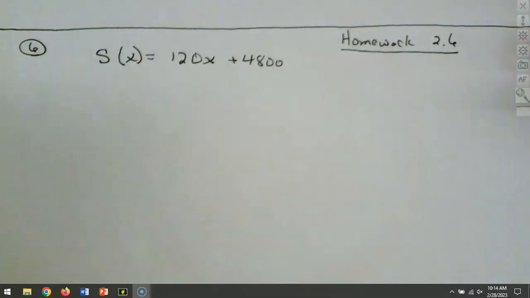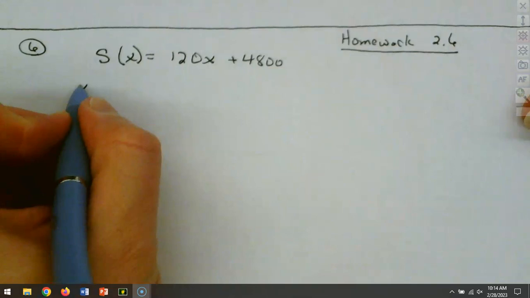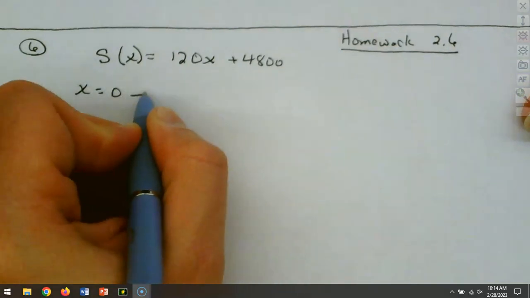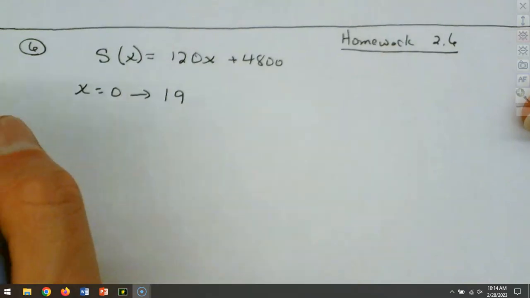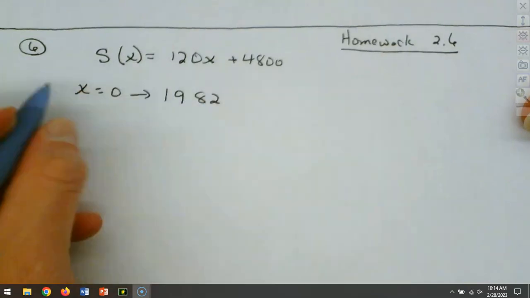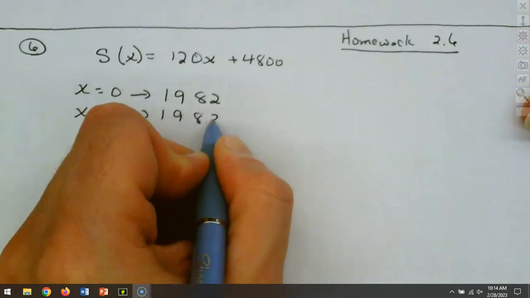Now, we need to figure out the pattern. And here's how it starts. So x equals 0 represents 1982. X equals 1 goes with 1983.